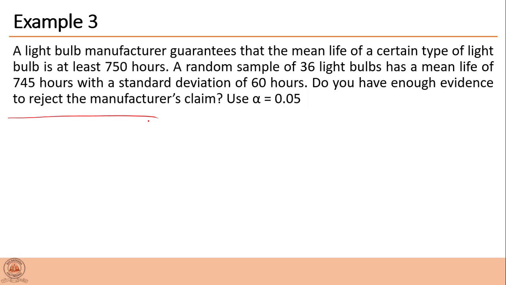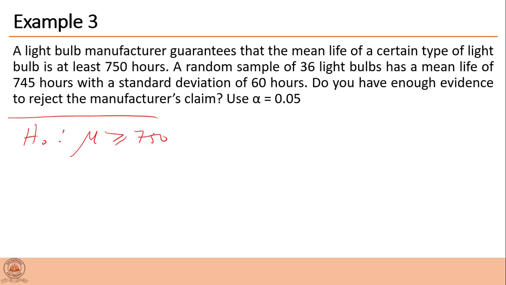Again, let's state our hypothesis. Mean greater than or equal to 750. From the question, the first sentence reads, a light bulb manufacturer guarantees. So this is the claim from the manufacturer that the mean life of a certain type of light bulb is at least, meaning 750 or more.